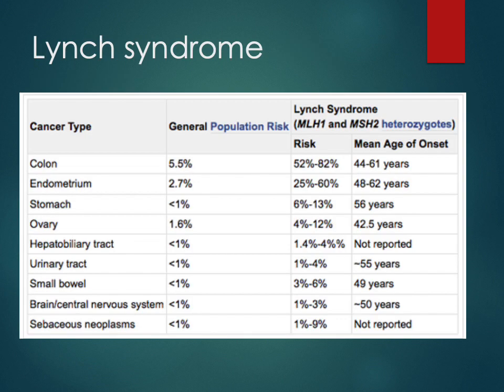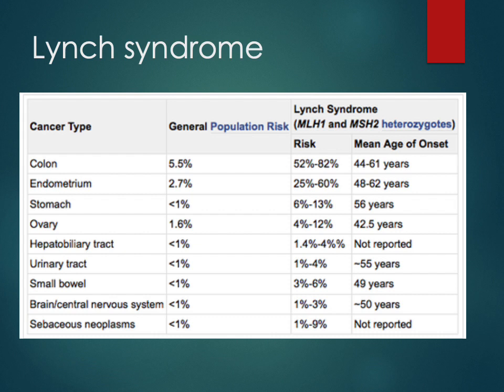Talking about Lynch syndrome, like I said, this is primarily known for being a colon cancer syndrome, but also really common for endometrium. If you look over at the mean age of onset, for colon, it's 44 to 61 years, and for endometrium, it's 48 to 62 years. So, like I said before, about half of women will have their first cancer be an endometrial cancer with Lynch syndrome.